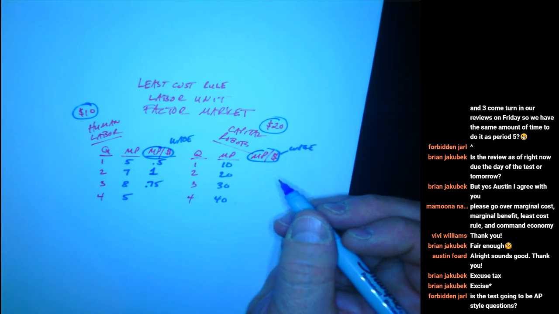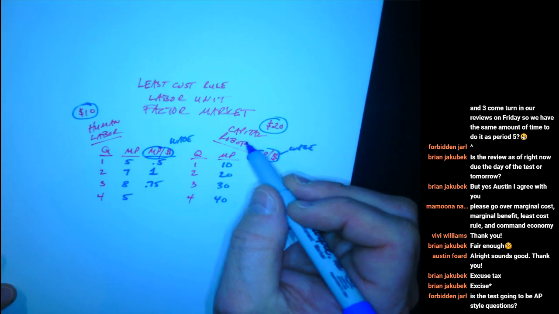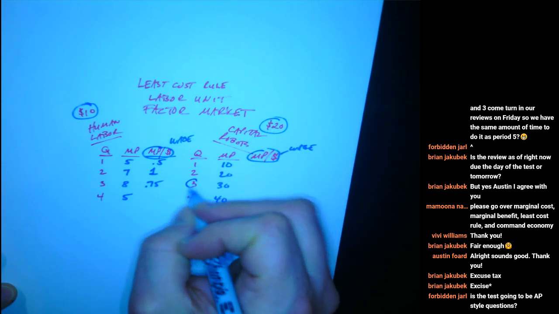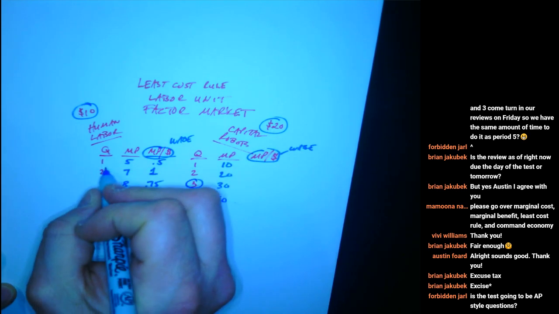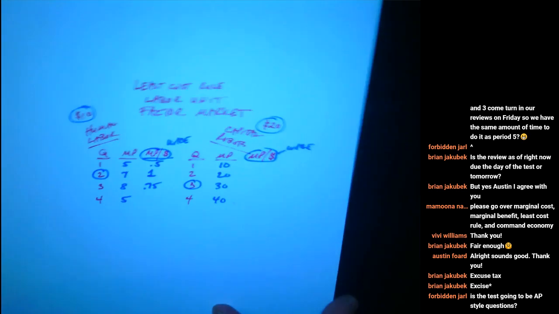So you're deciding where do you get the best bang for the buck here? Do you want to hire maybe 3 robots and 2 humans, or maybe all robots? So we did a couple of these questions, I remember, in our notes. But essentially that's the least cost rule. Okay.